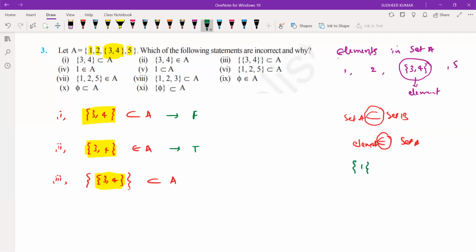For example, if set {1} and set {1, 2, 3} are given, the first set's element 1 exists in the second set, so we say it is a subset. By the same concept, here the set with the element set of 3, 4 exists in the given set A, so it is a subset. Do you all understand these three questions? Yes, sir. If anybody did not understand, you ask me.